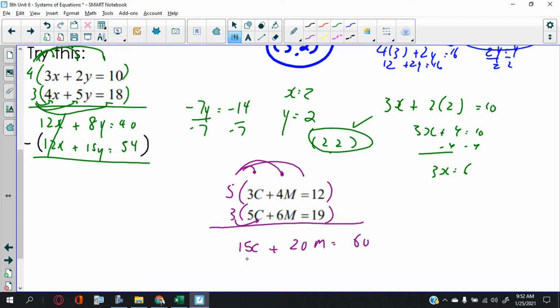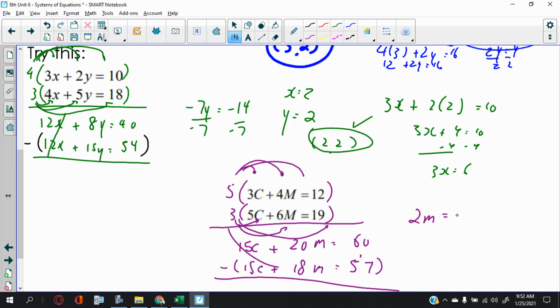This one, 3 times 15c plus 18m equals 3 times 19, what's that? 57. Am I right? Hold on, just double check. Yeah, all right. And 15c, that means I need to subtract. So I take it to the side, it cancels out. That's 2m equals 3.